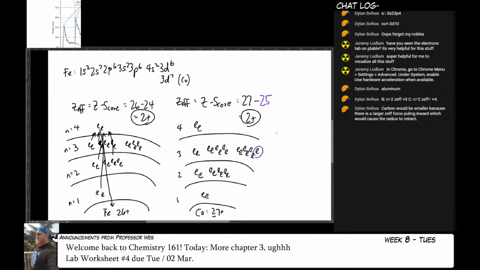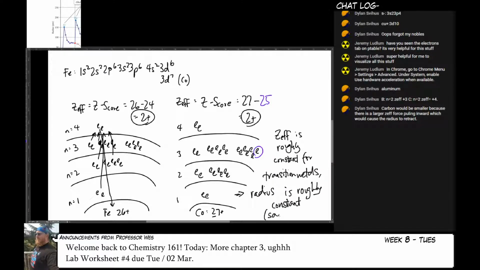So the conclusion that we get is, if ZEffective is roughly constant for transition metals, then the radius is roughly constant too.